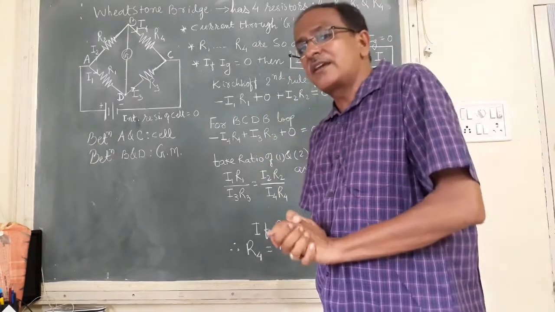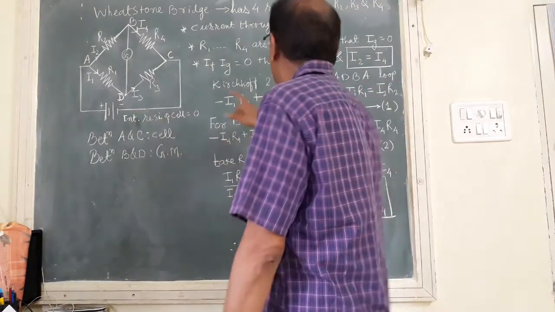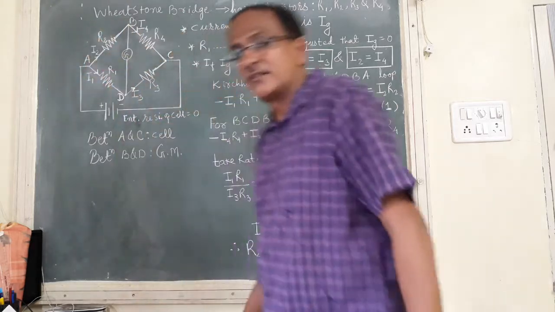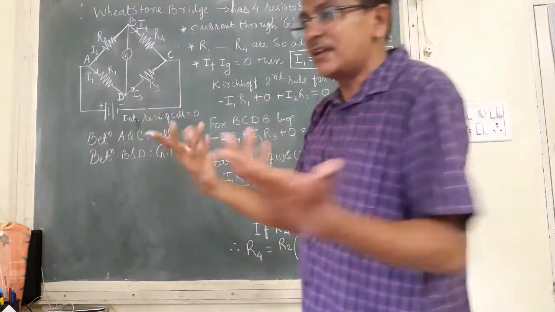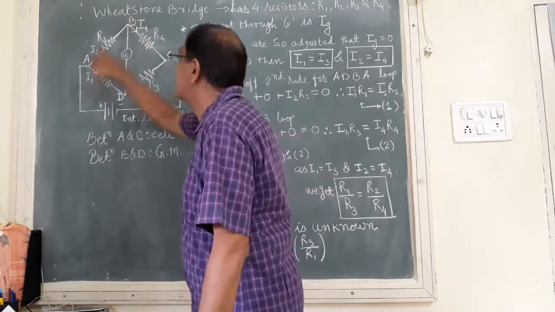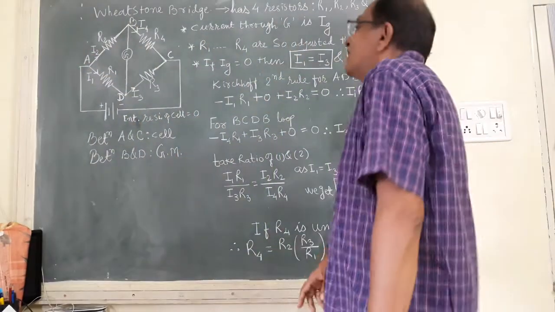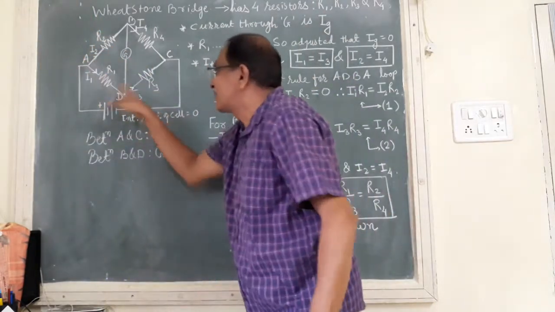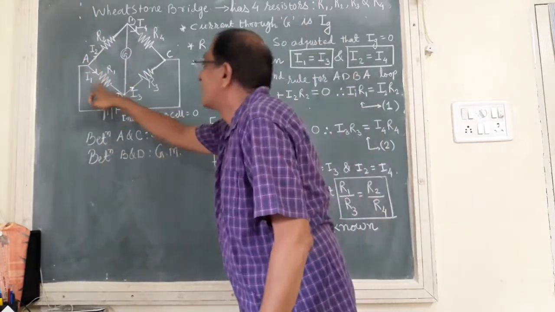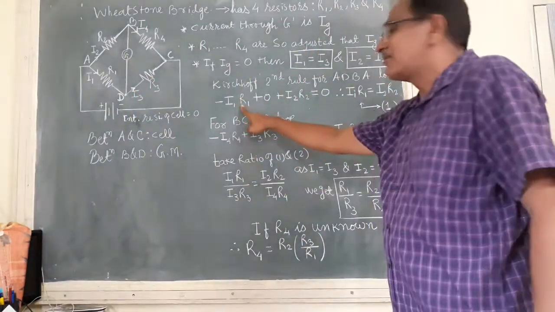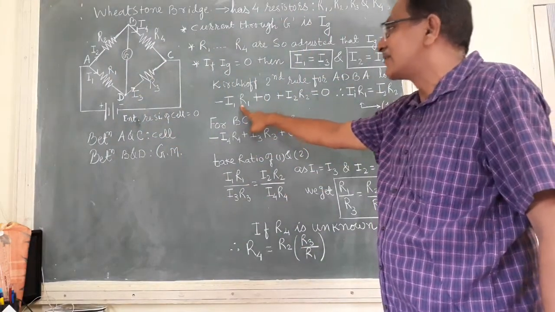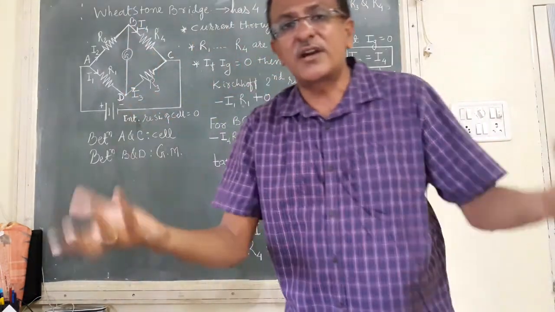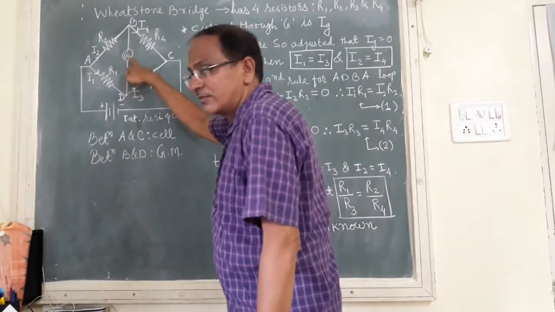Now we are applying Kirchhoff's second rule in the ADBA loop. If you are going with the current in the AD direction, A to D, then first step will be minus I1 R1. Then you are going through the DB branch, no current is there, so 0.